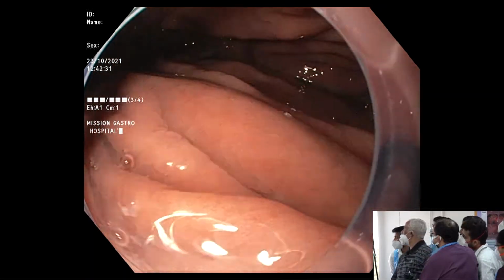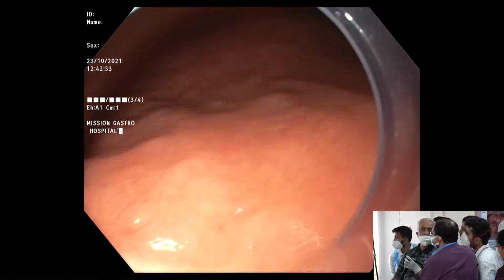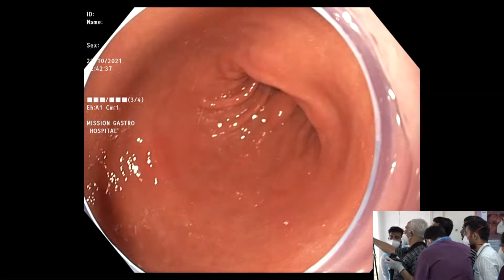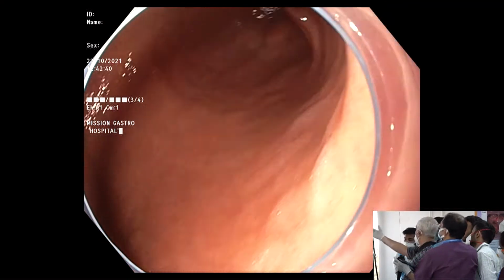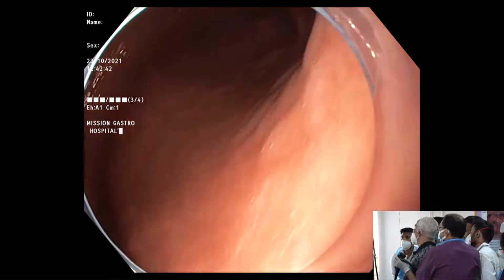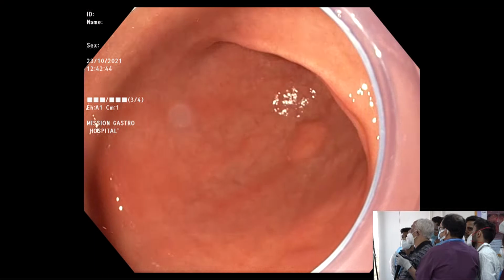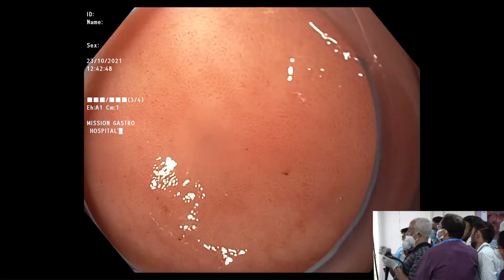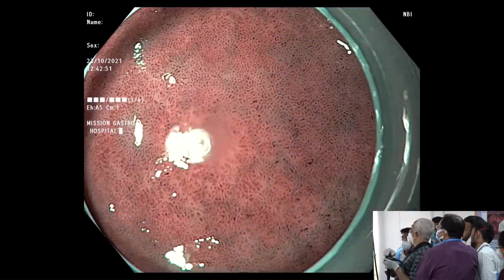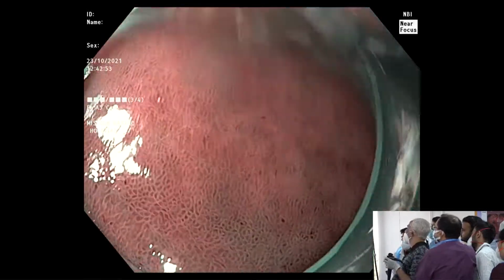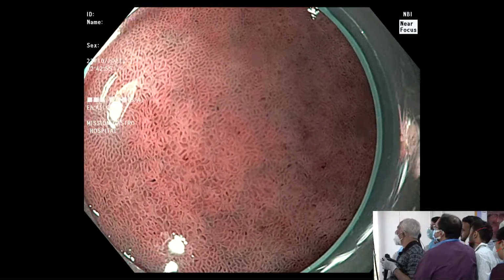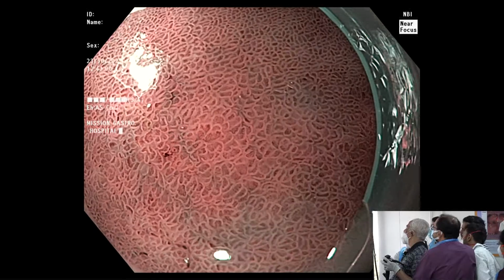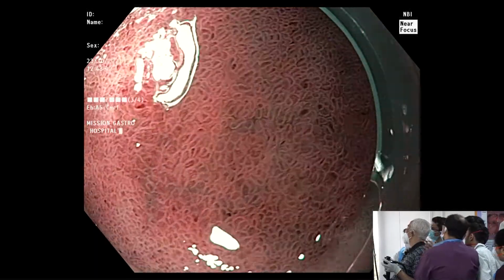And then there is, what is the feature of atrophy? So one, you will find that there will be a demarcation between the antrum and body, or depending how much there is. Or you may find, when you do this, that there is not. See this? Not much really, atrophy.